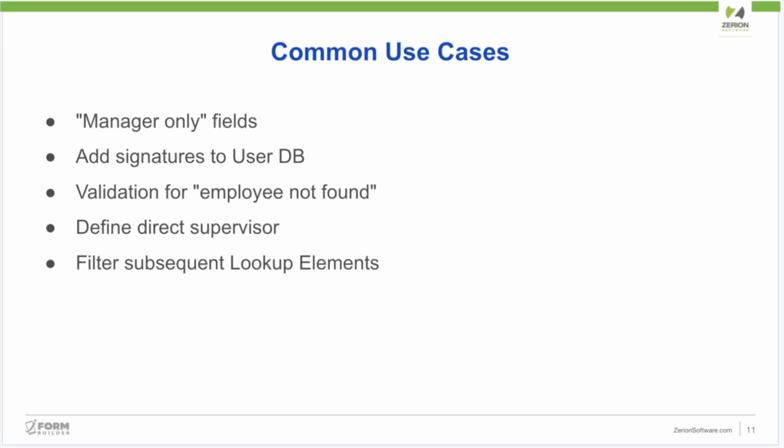And then the final use case I wanted to highlight was once you take that lookup value, you parse out from it. It's very common. We see people take those values and then they use that as a filter for a subsequent lookup element. So let's say, for example, we have our existing user information, employee information, and depending on the team you're on or the role you're in, let's say you have an inventory database afterwards that you want to select from, but certain team members only have access to certain assets in that inventory DB.